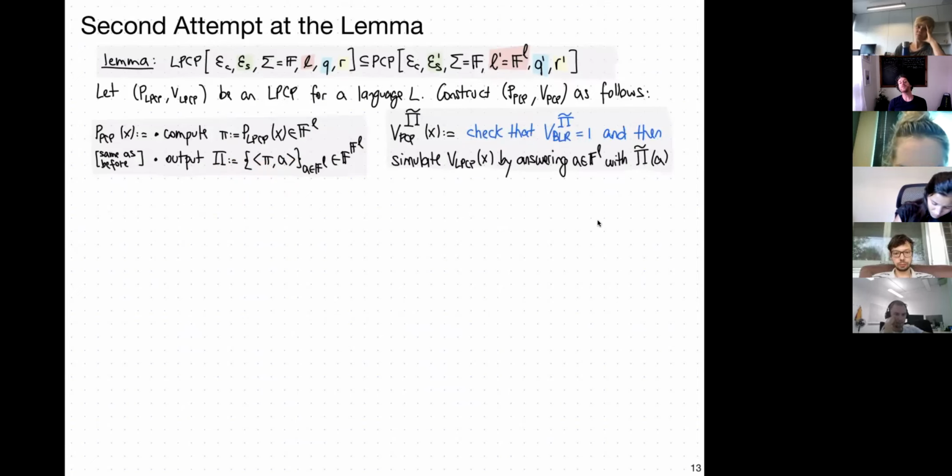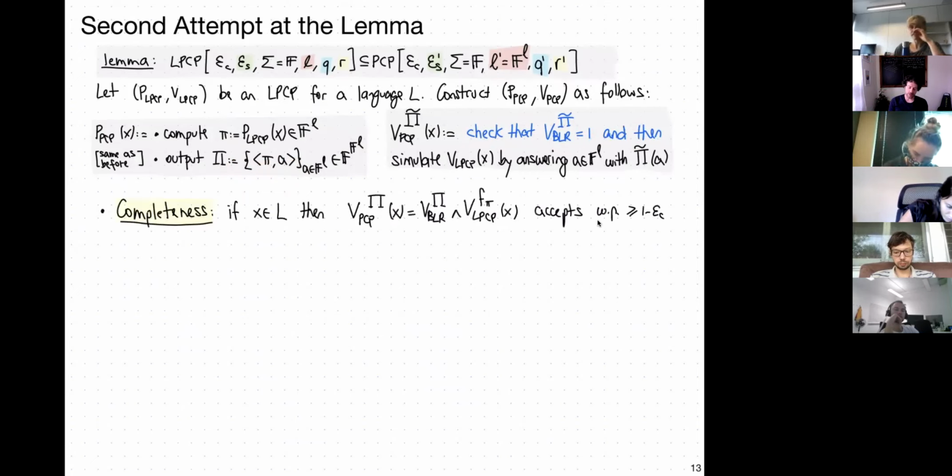And then we can just simulate the linear PCP because we tested that the oracle is really linear. So this almost works. Of course, as before, completeness will hold, because if the prover is sending a linear function, obviously the linearity test will accept with probability 1. This is what we've shown.